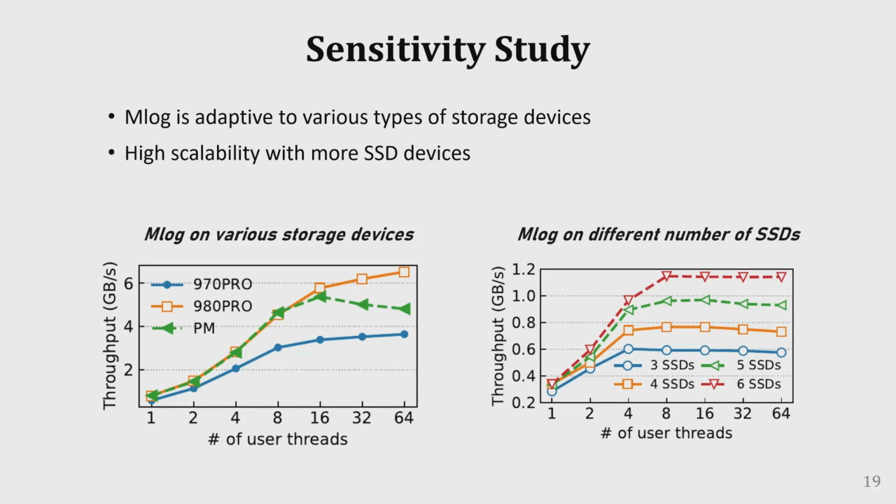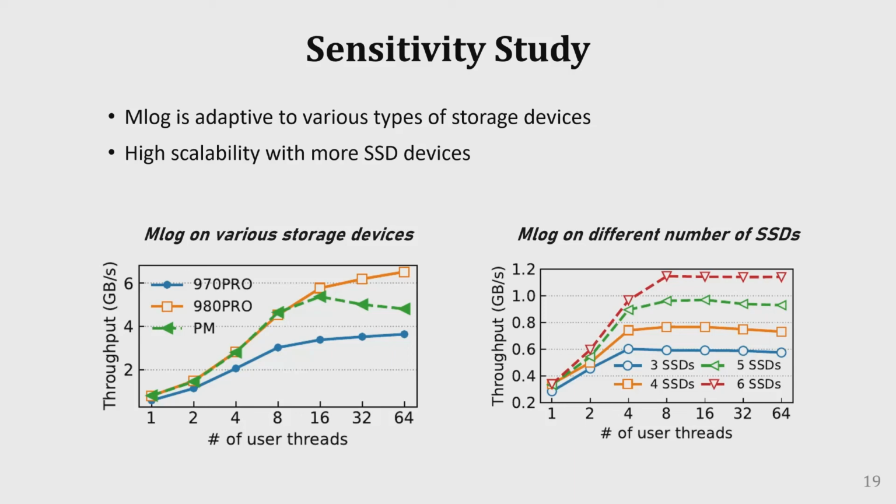We also evaluate the sensitivity of Mlog to different types of storage devices. The results show that Mlog is adaptive to various types of storage devices, even including persistent memory. At last, we evaluate the performance scalability of Mlog built on different numbers of SSDs.